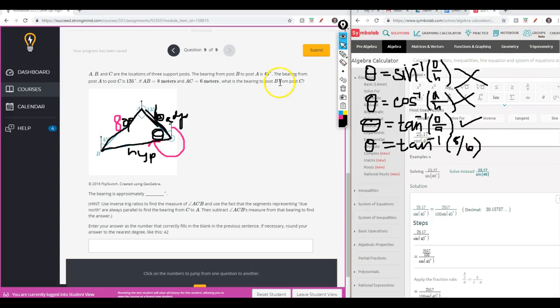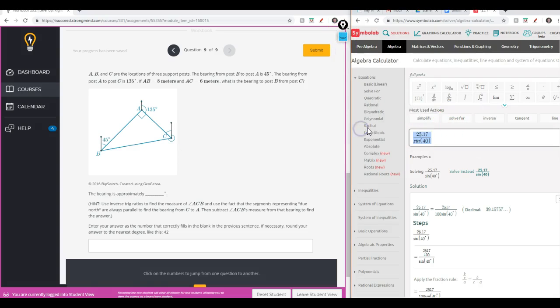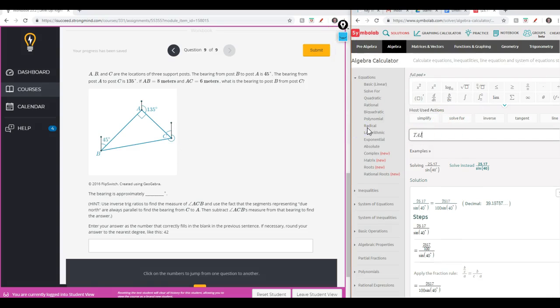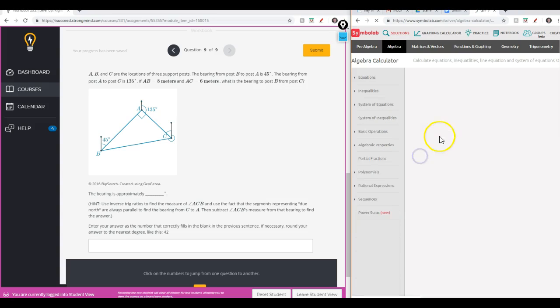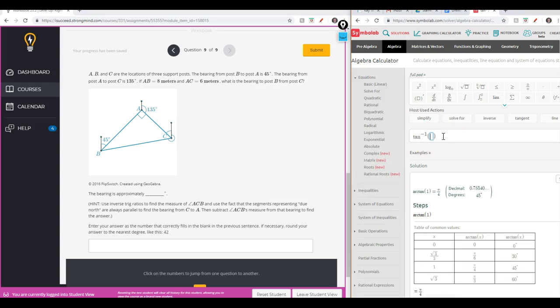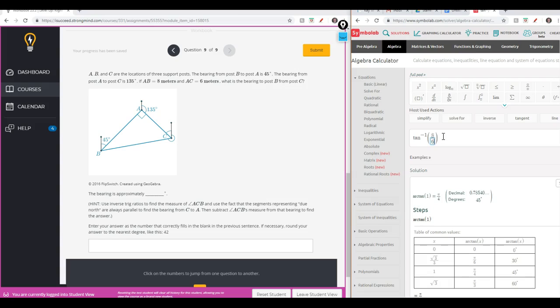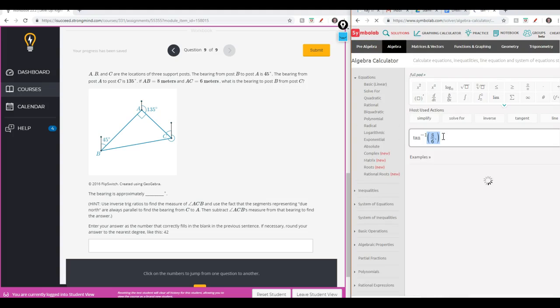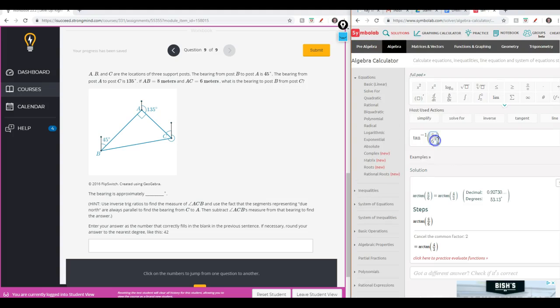So jump over to Symbol Lab. The angle is going to be tangent, and I'm going to pause, let it pull up that -1 for the inverse, and it was 8 divided by 6. Whoops, I'm not going to put a point there. I don't know why.